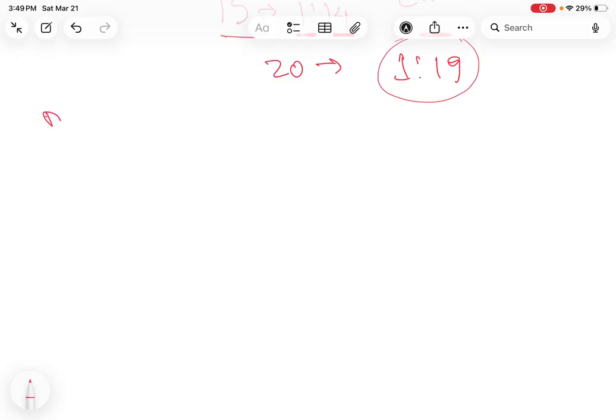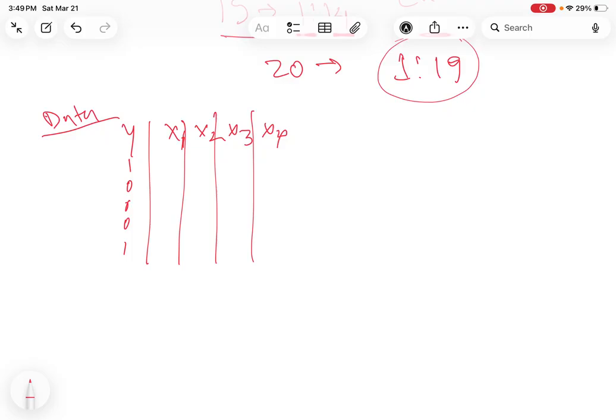Okay, so first you get all the data, right? In the data sets, because it's a supervised model, you'll have a y and all the x1, x2, x3, x4. The y will have values like 1 0 0 0 1, suppose, and all the variables you will be getting there, right?